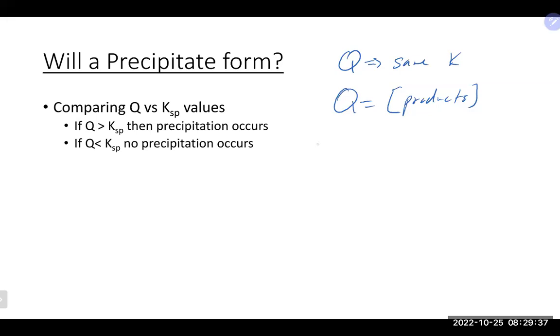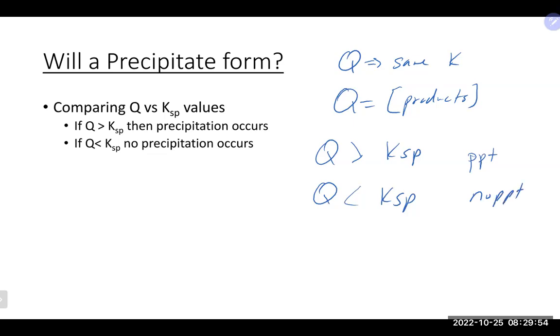And again, we could compare Q to the Ksp, and if Q is greater than the Ksp, we would expect a precipitate to form. If Q is less than the Ksp, we would expect no precipitate to form.